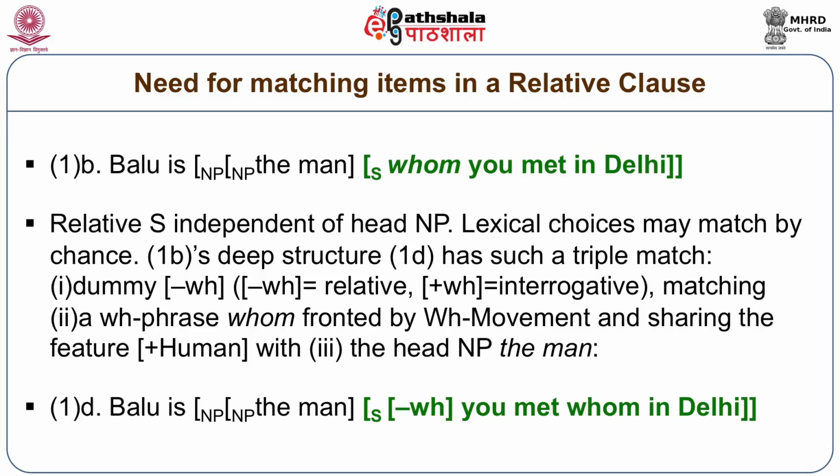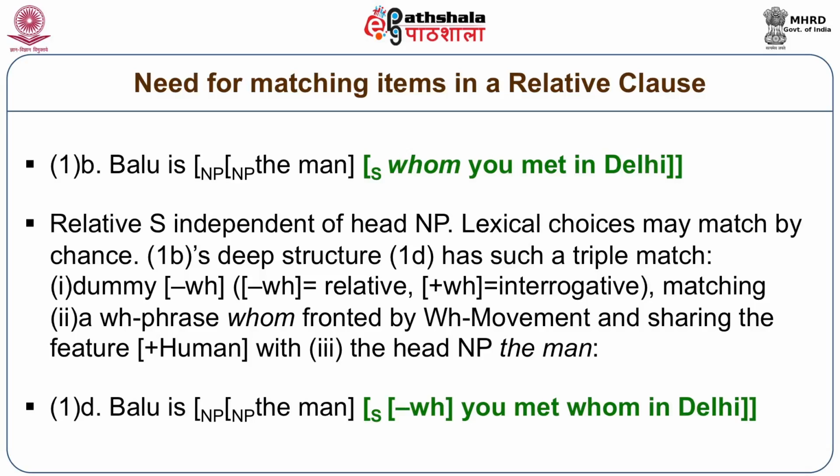Thus, we imagine a feature WH for which the plus value is question and the minus value is relative. This means that a surface structure like "Balu is the man whom you met in Delhi" starts out as the deep structure: Balu is the man, sentence begins, plus WH, you met whom, subject, verb, object, in Delhi.